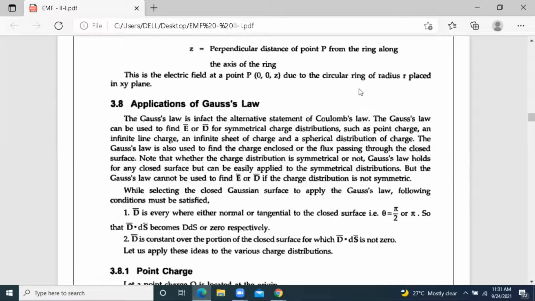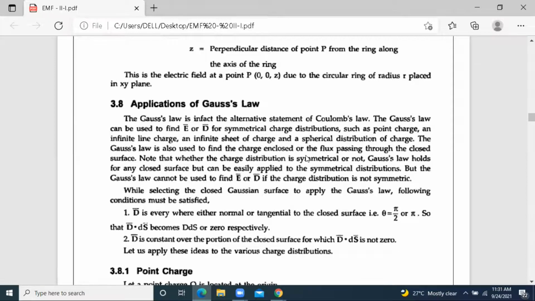So Gauss's law can be used to find E or D for symmetrical charge distribution, such as your point, your line, your sheet, or even your volume charge distribution.